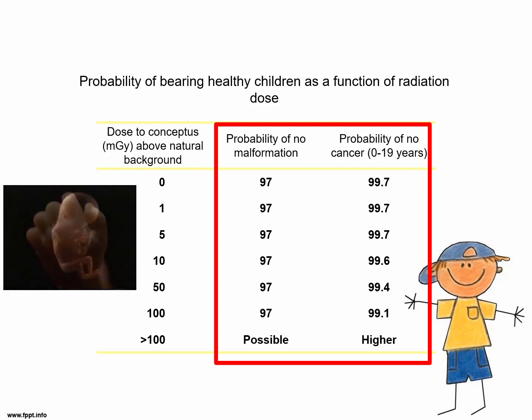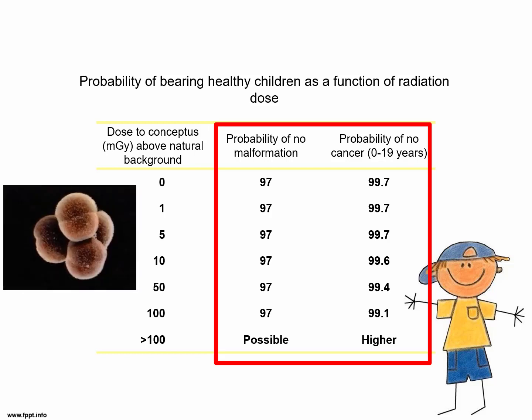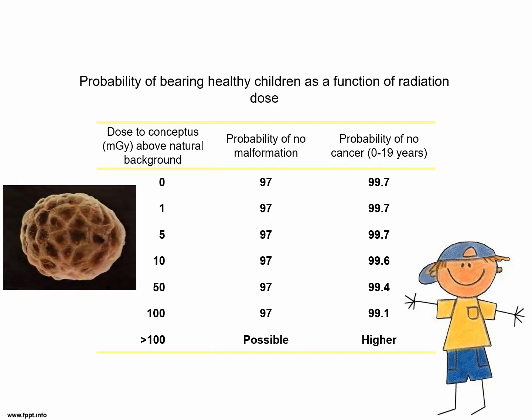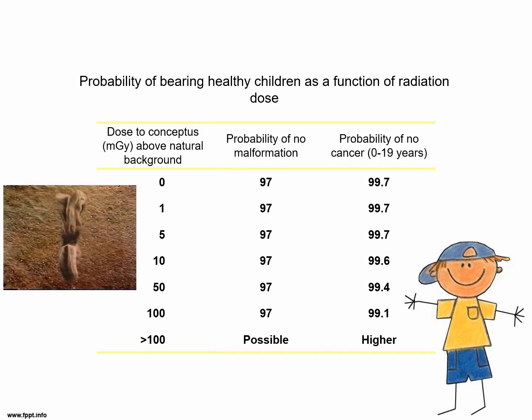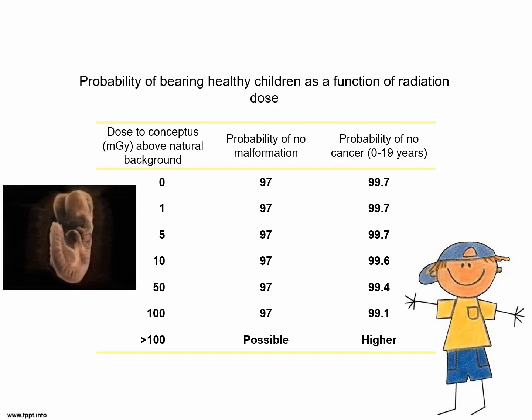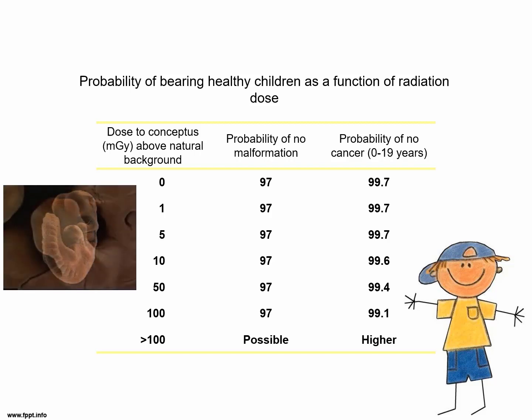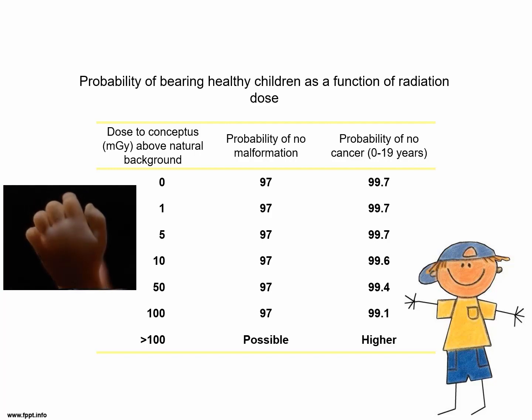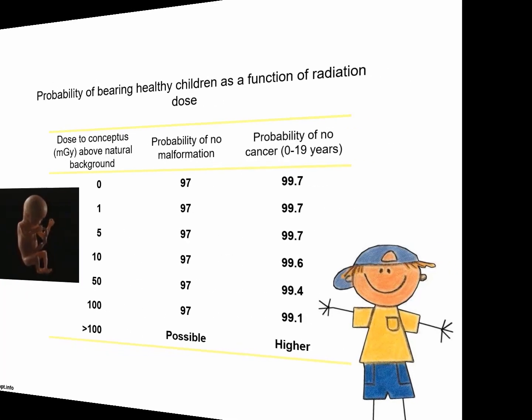So 100 or more milligrays of exposure would be equivalent to double the amount of exposure that an occupationally exposed person can get per year. Remember, we can get 50 millisieverts per year, and that would be the equivalent of 50 milligrays.